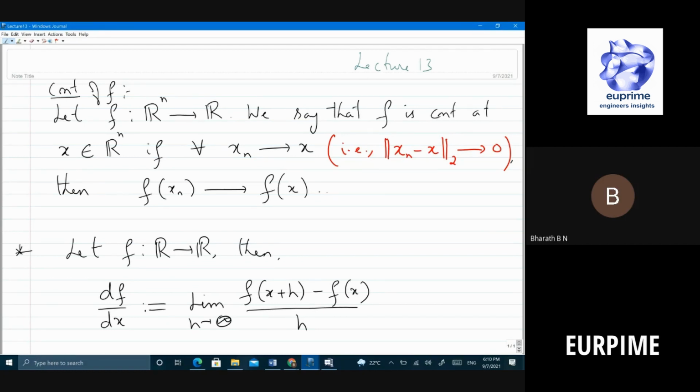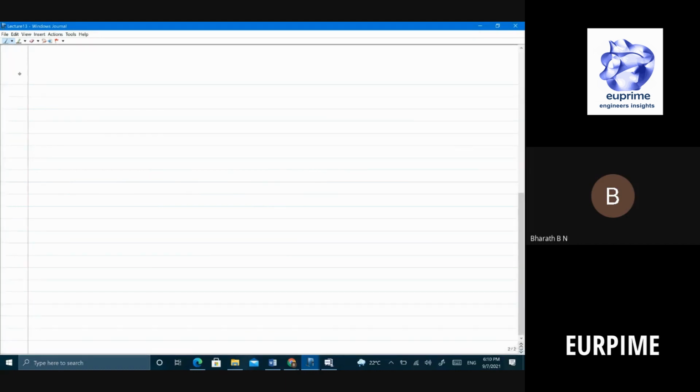So if I want to extend this to Rn, what should I do? Let the function f go from Rn to R. I cannot take x as a vector, add h as another vector, subtract f of x, and divide by h, because h is a vector and I don't know how to divide.